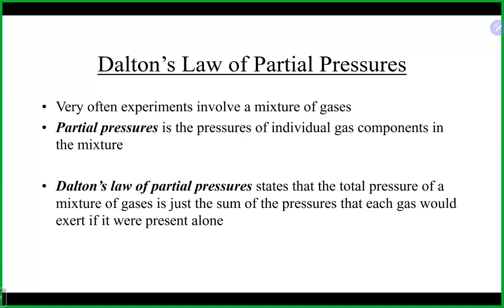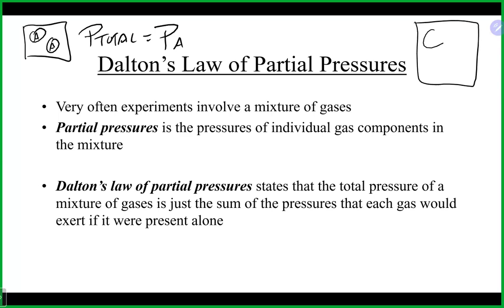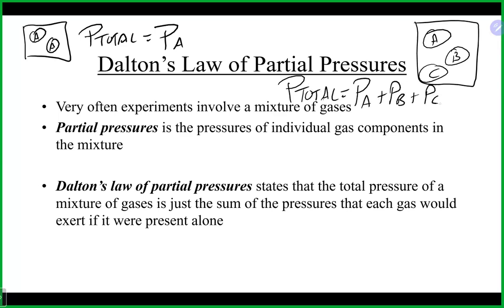So a very simple explanation here is this. If I had a container where I only had gas molecule A's flying around, the total pressure of that situation is all basically gas A, the pressure of gas A. But if I had a container where we had gas A flying around, gas B flying around, gas C flying around, the total pressure in this situation is the pressure of A plus the pressure of B and the pressure of C gas.